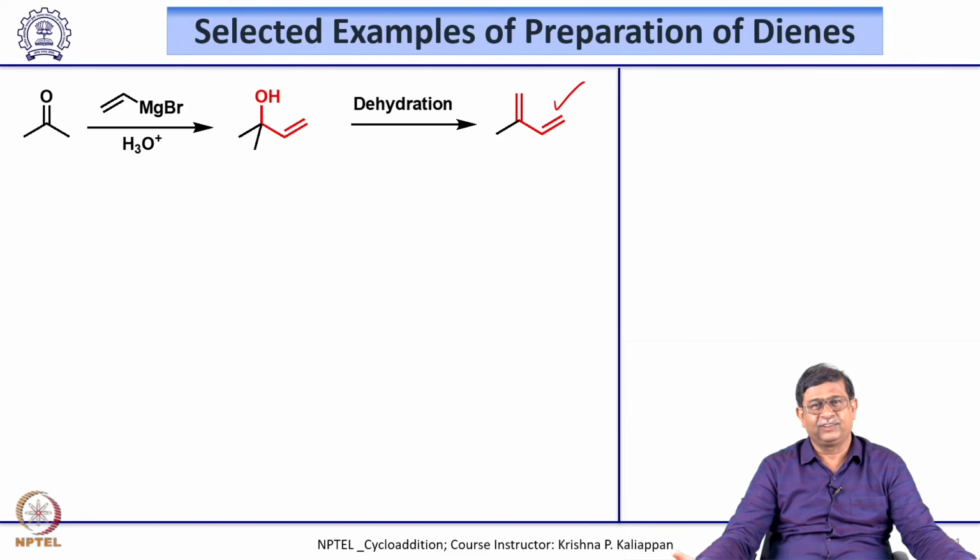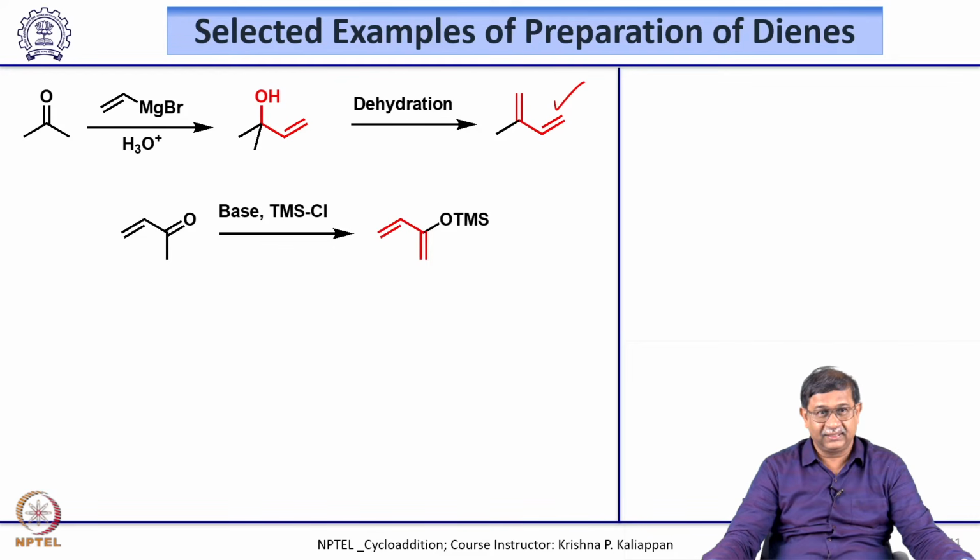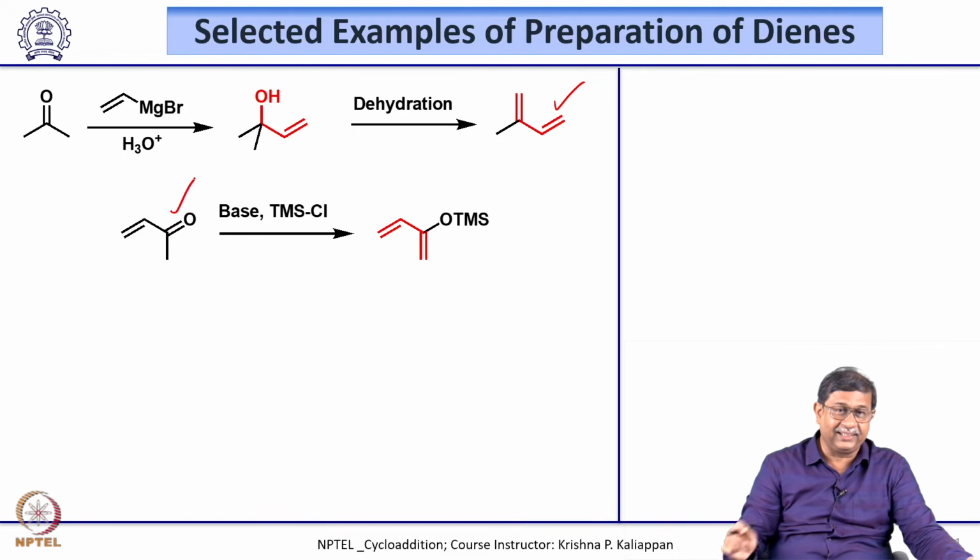Isoprene is commercially available, but one can also make such a diene through addition of vinyl Grignard followed by dehydration. One can also use a base and then quench with TMS chloride on an alpha beta unsaturated ketone.